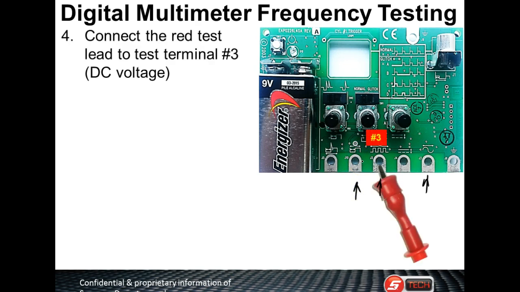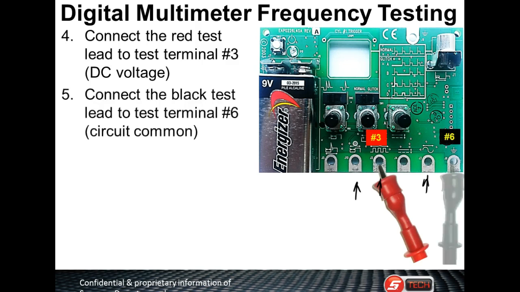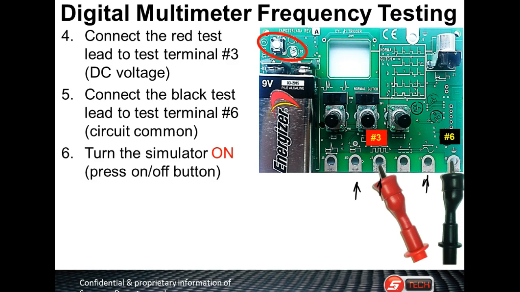So we're going to start off checking the pulse waveform. And then of course we'll put our black lead to the common. Are we okay? And then we'll turn the trainer on. Y'all reconnected y'all's batteries back in there, right?